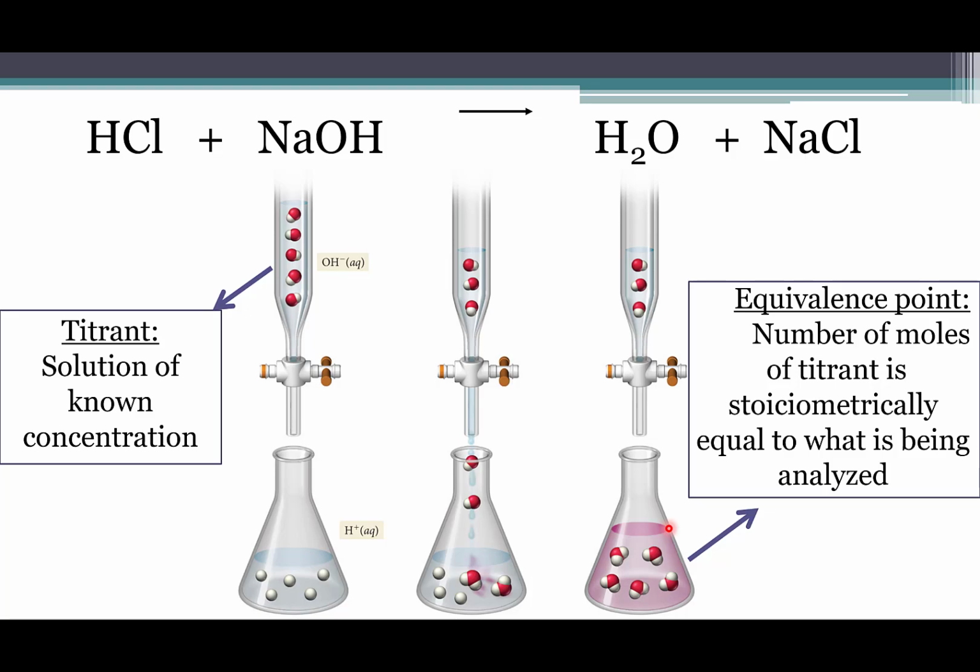That's just a fancy way of saying, at this moment, boom, stop the reaction, I can set up a ratio between my known and my unknown based on stoichiometry, based on the balanced chemical equation. So this equivalence point is going to allow us to do the following.